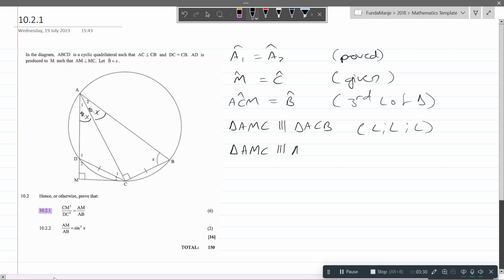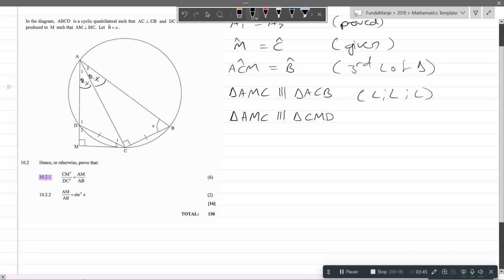But we could also say AMC is similar to triangle CMD, which we have already used before. So now we're working with the small triangle and the bigger triangle outside it, just within this framework.